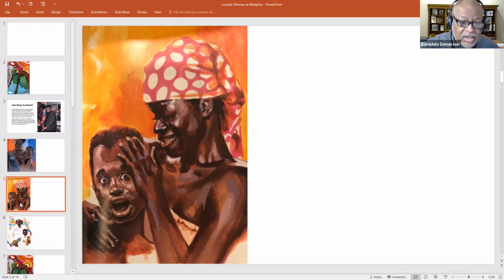Now, some people say Ebo's Landing is really in South Carolina. Some people say it's in Georgia. And many of the sea islands lay claim to being the site of Ebo's Landing. So it's an important story in the popular imagination of the Gullah Geechee people.